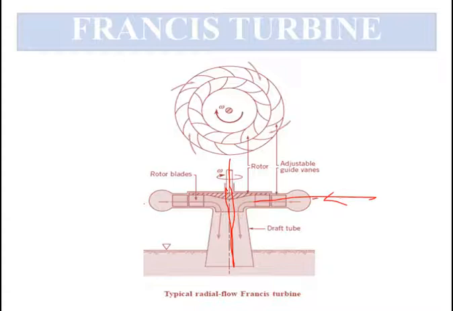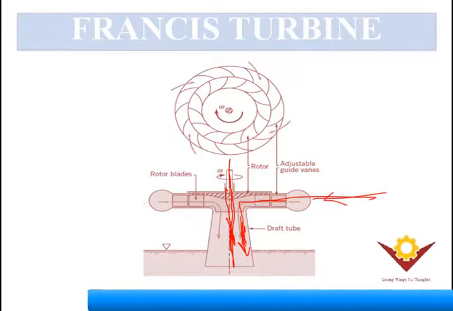So it is perpendicular to your axis, right? So that's why it is a radial flow. So it is entering radially into the runner and exiting axially. What is axial flow? The flow which is parallel to the axis of the shaft is axial flow. So now the outflow is parallel to the shaft.